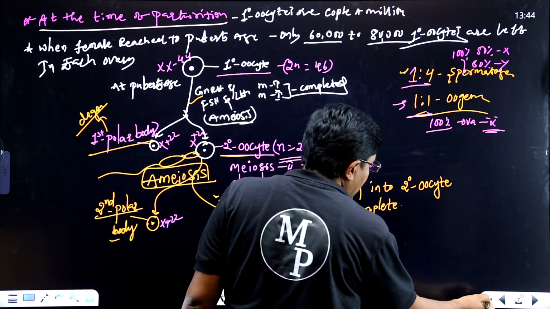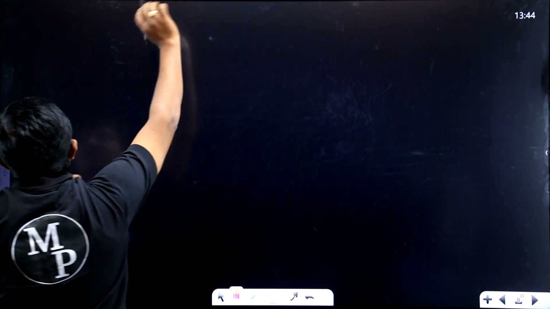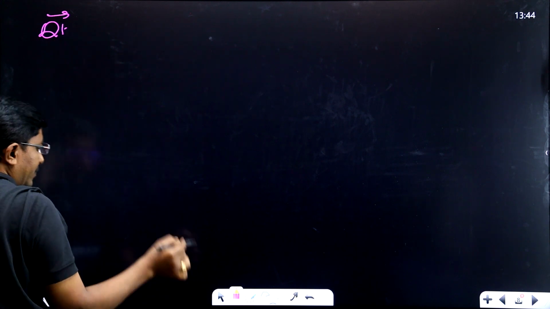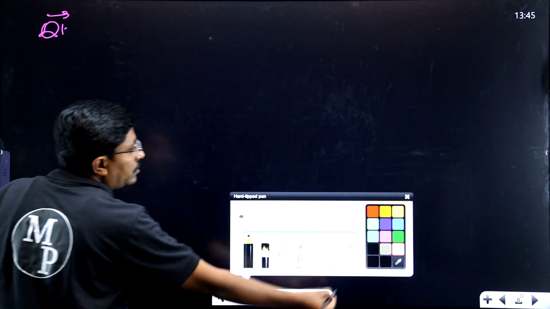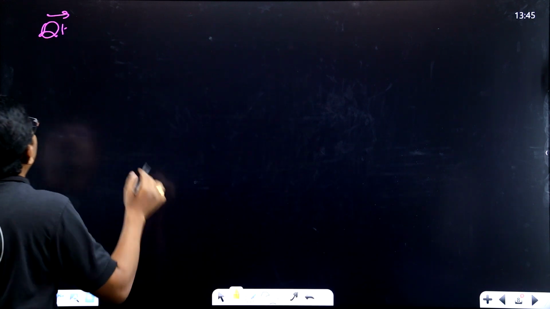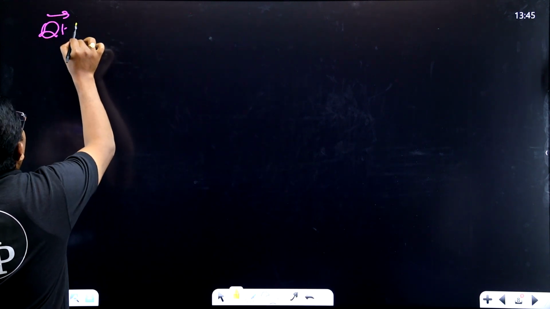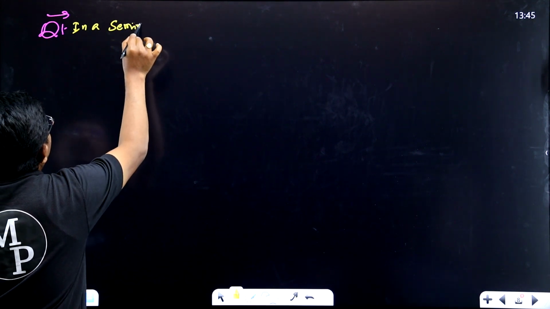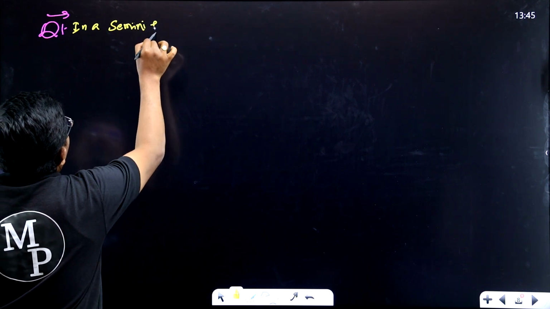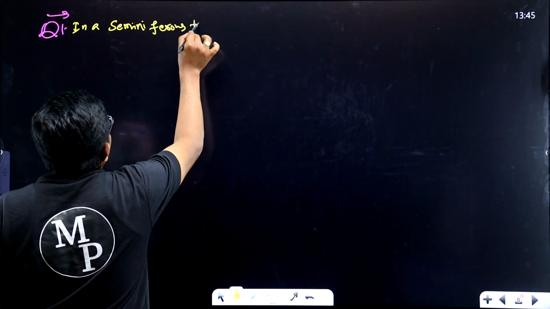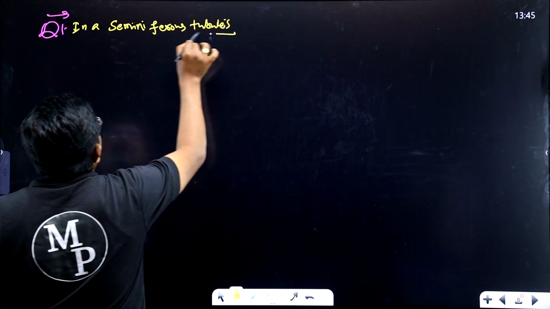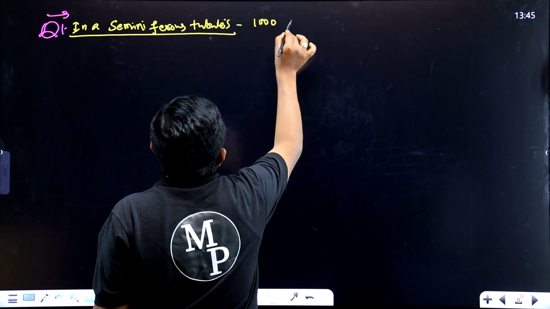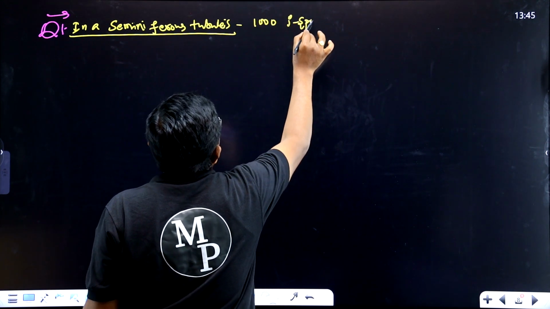Here are some questions based on spermatogenesis and oogenesis. In a seminiferous tubule, 1000 primary spermatocytes are present.